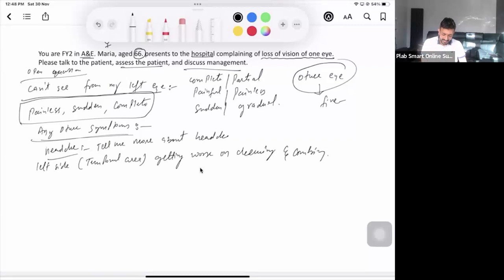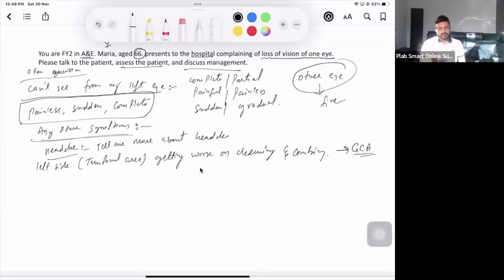What does it mean? It is simply going towards giant cell arthritis. Giant cell arthritis you will see in elderly females. Who is our patient? A female 66 years of age. And we know giant cell arthritis can involve the eye as well and can lead to loss of vision. So maybe that's the case you're dealing with here, isn't it?